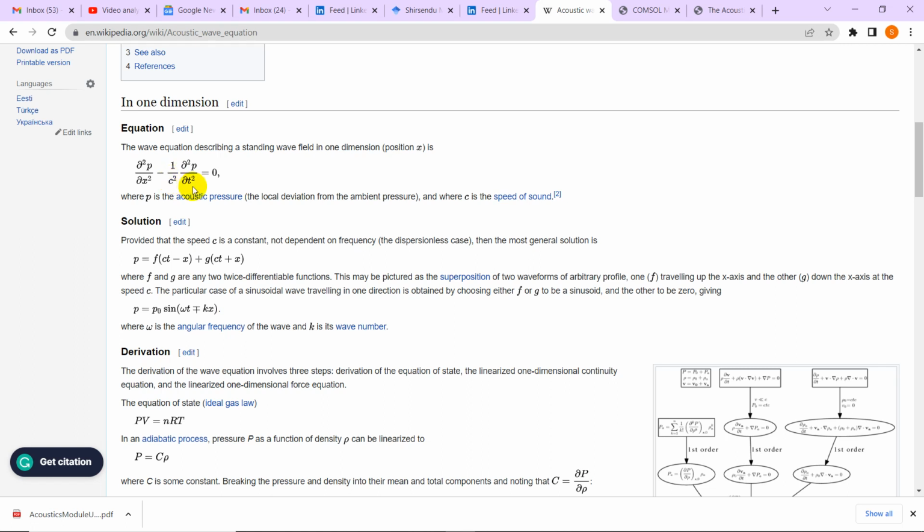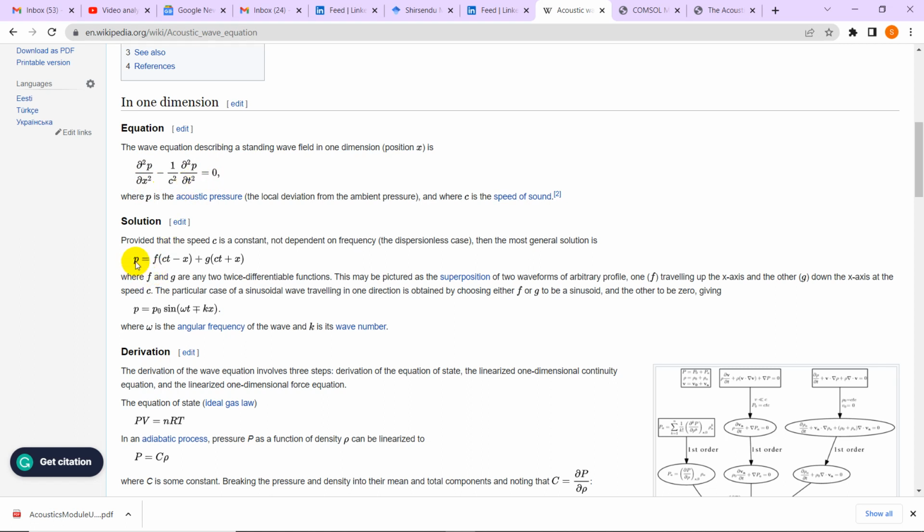This is the generic form of the wave equation, and here, instead of displacement, we have the pressure, that is called acoustic pressure. This is the main equation, and this is in one dimension. If we work in three dimensions, then instead of the second derivative we will have the Laplacian. So this will be the Laplacian of p, and this would remain the second order time derivative.